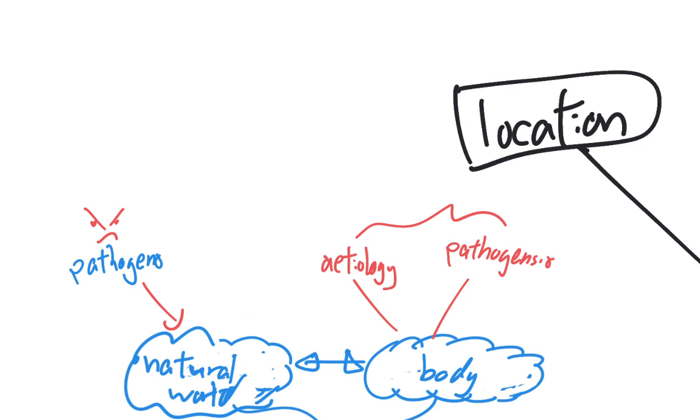So you see that the acupuncture points, underlying them, there is an etiology and pathogenesis of what may occur in the body. And the location gives us a hint of what the possible etiology and pathogenesis are.